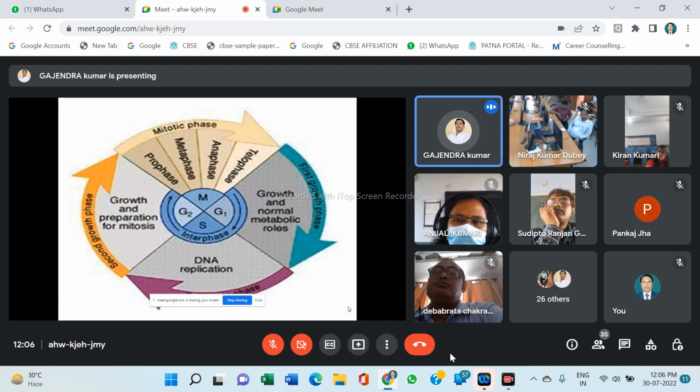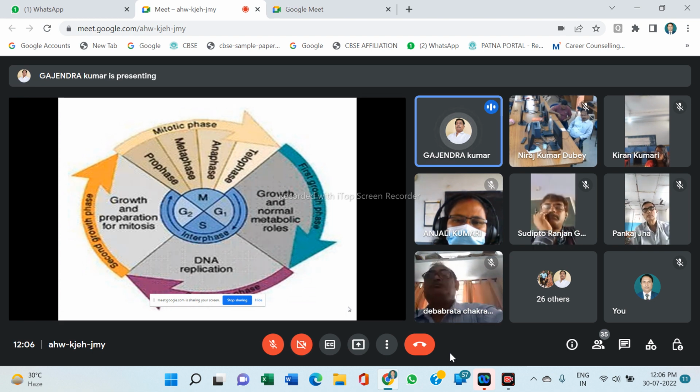Means whatever the number of chromosomes will be there in the parent cell, that will completely be in the daughter cell.